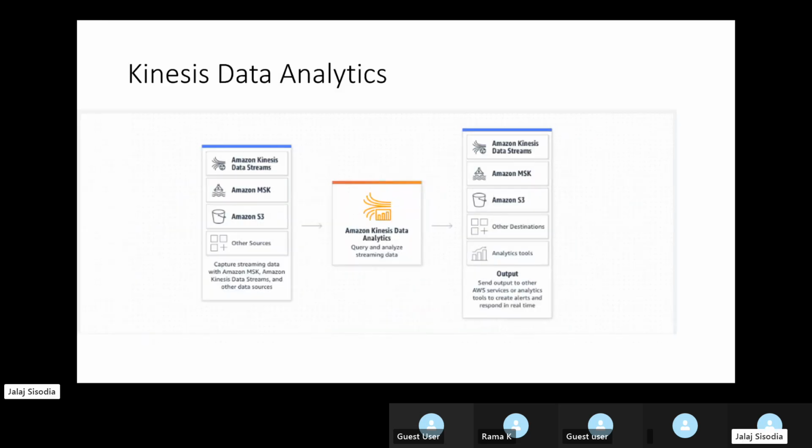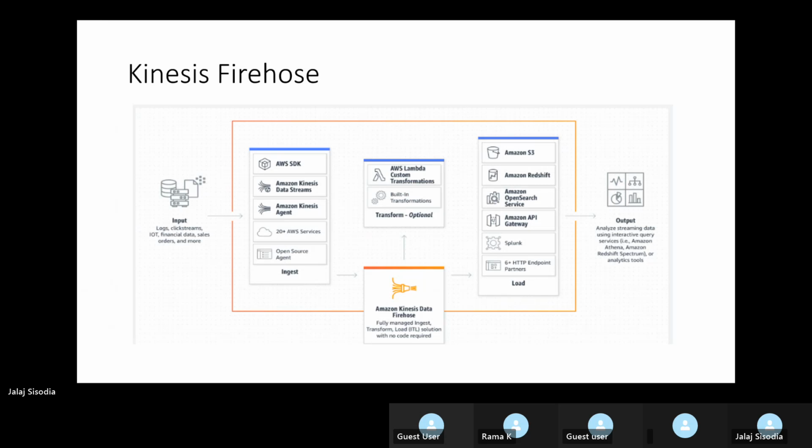We have Firehose and data analytics. So your Kinesis Firehose is a service. Till now we have talked about Kinesis data streams. What streams can do is collect data and give it back to some consumer. Consumer can be anything. It does not have the capability to transform or analyze the data.